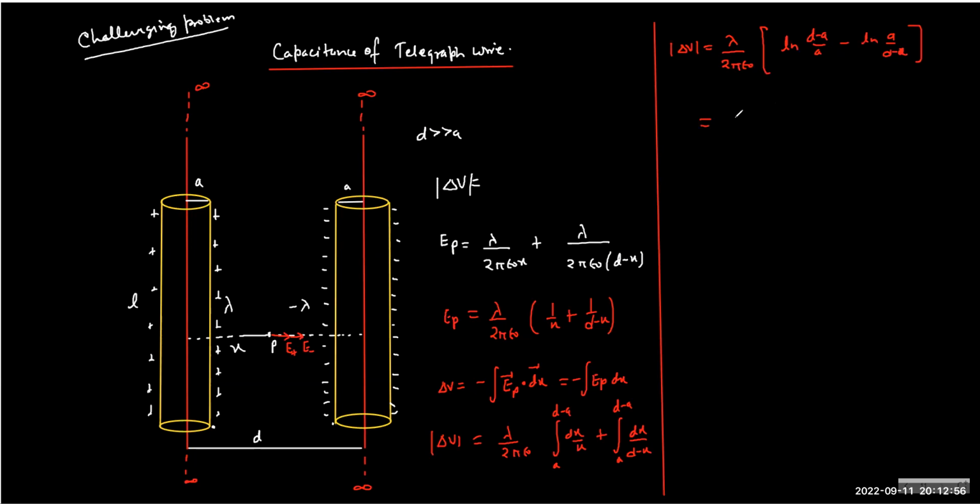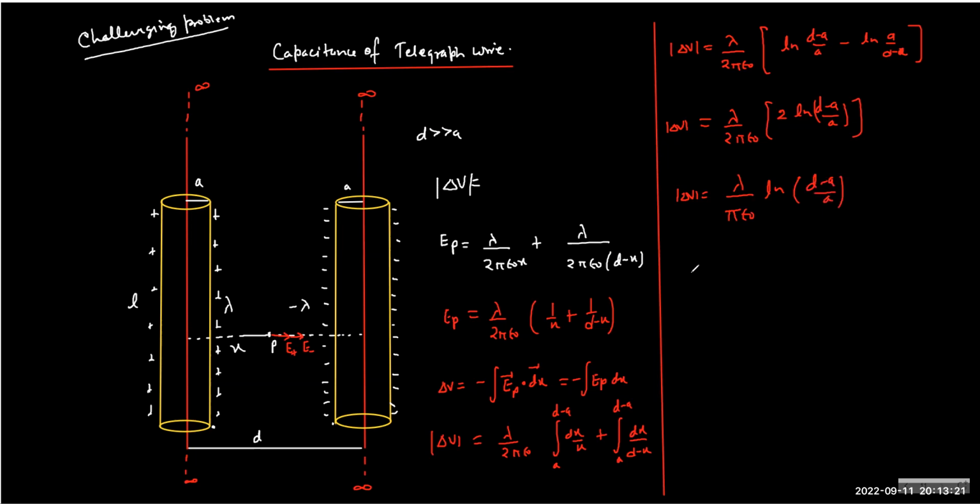And you can reverse the sign, it will add up. So what will we get eventually as this answer? Understood? Yes. So delta V turns out to be lambda by pi epsilon naught ln of (d minus a) by a.